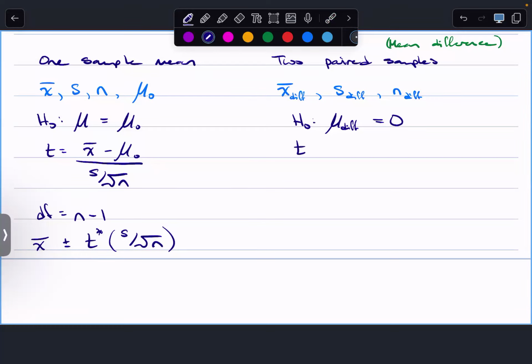So t is going to be x bar of the differences, technically minus 0. I can't remember if I have minus 0 on the formula sheet or what. S diff over the root of n diff. But that's the same, right? Just throwing little diffs everywhere.